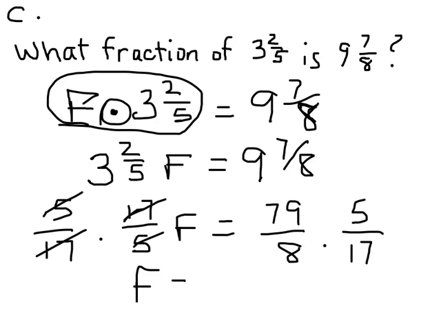F is equal to 79 times 5, 80 times 5 would be 400, minus 5 is 395. And 8 times 10 is 80, and 8 times 7 is 56. 80 and 56 is 136.